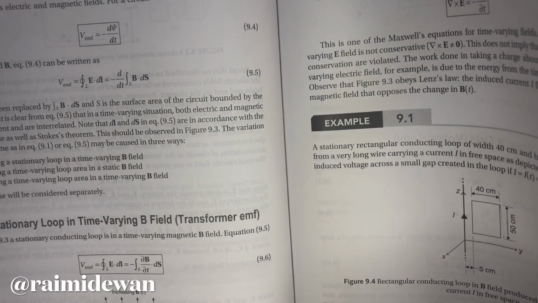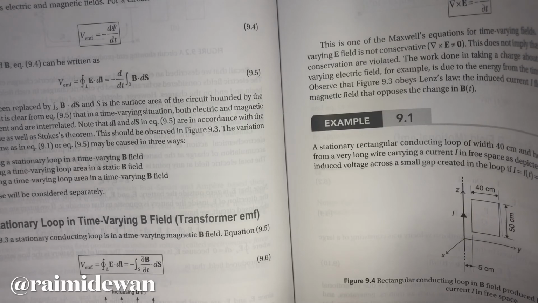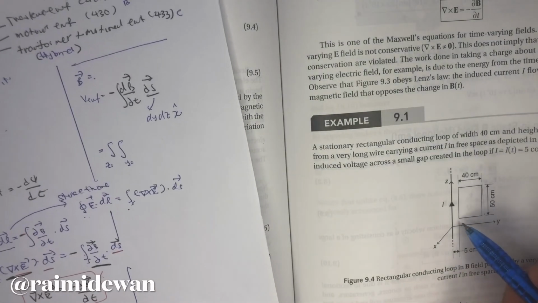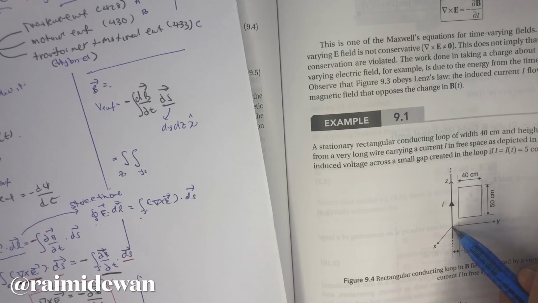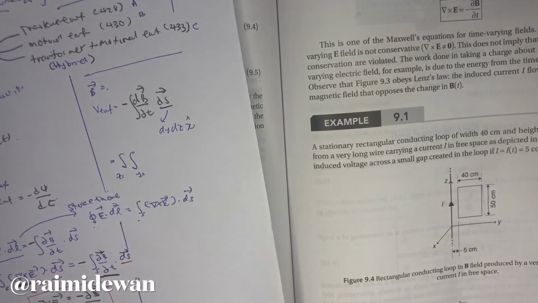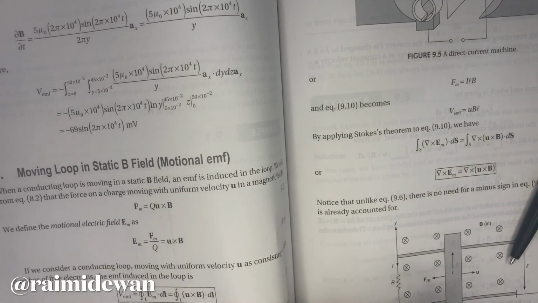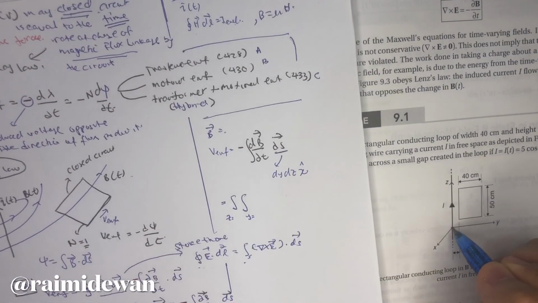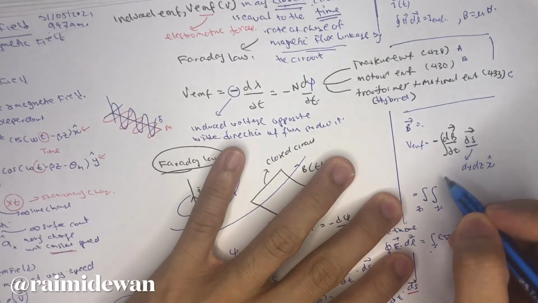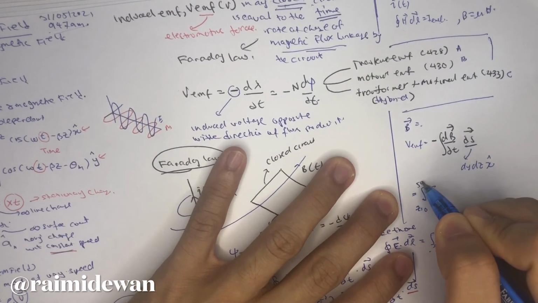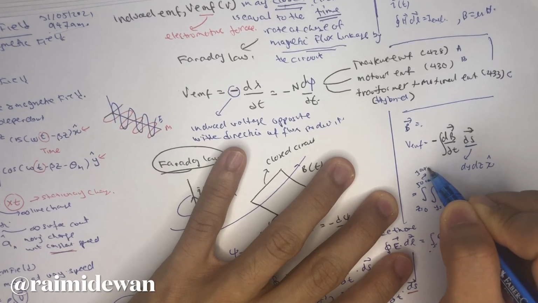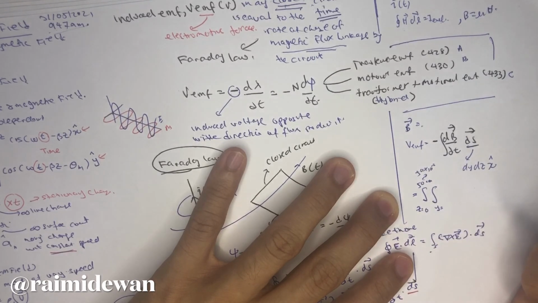So what is your z? You can see it is from here, from 0 to 50. I just put centimeter here, but later on you need to ensure that it's 50 times 10 to the power of -2. Am I correct?